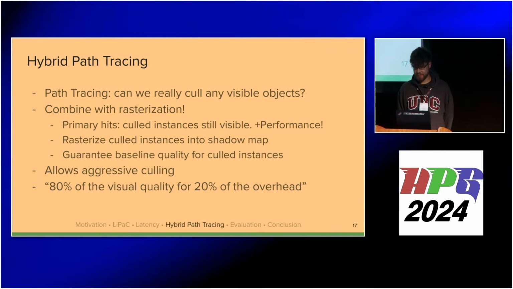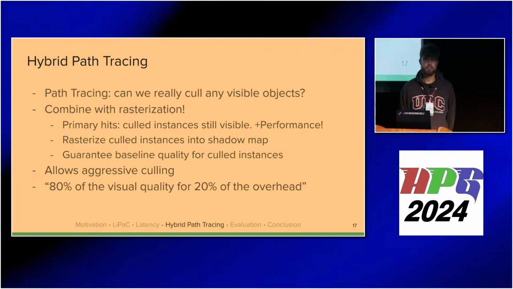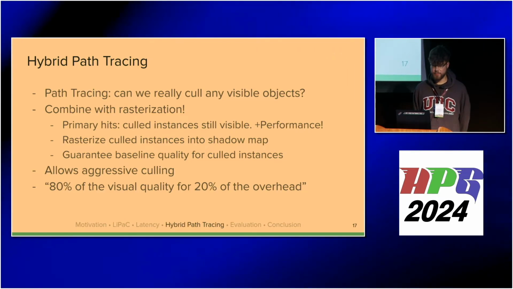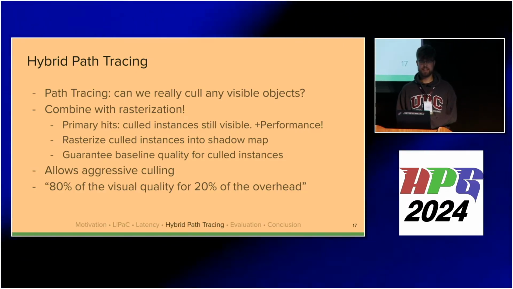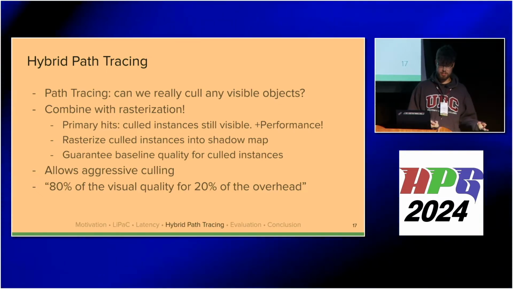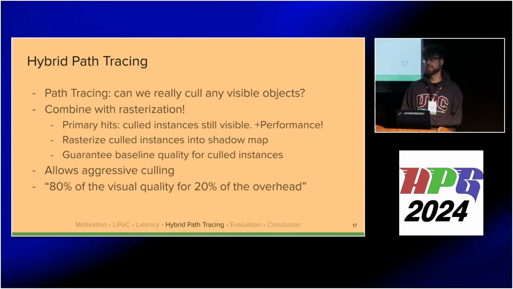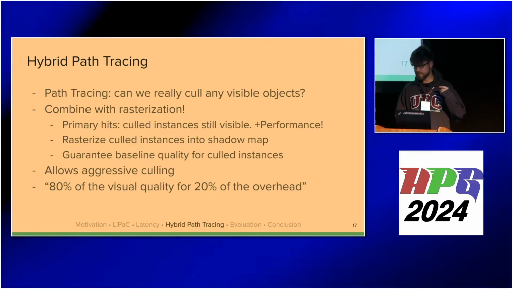And this culling strategy I've shown you is really interesting mainly for hybrid techniques. So what we're doing in the pipeline we're proposing for hybrid path tracing is we are rasterizing the primary hits. This is a common optimization, but it also leads to the result that instances that are culled from ray tracing, or path tracing in this case, are still visible on screen.